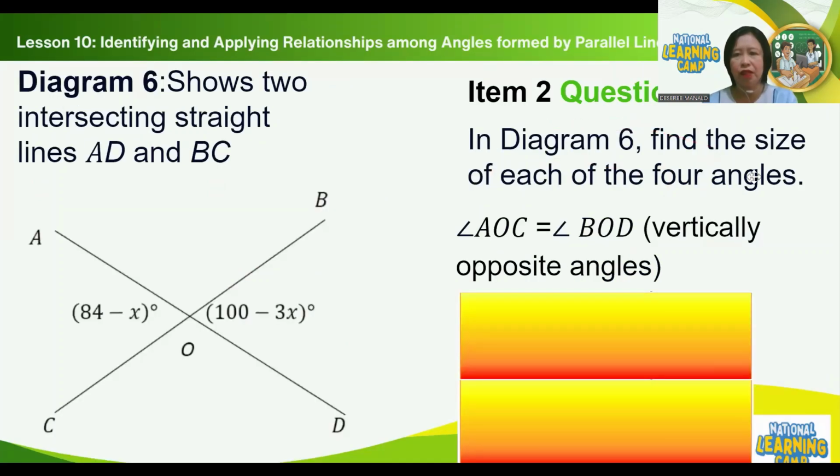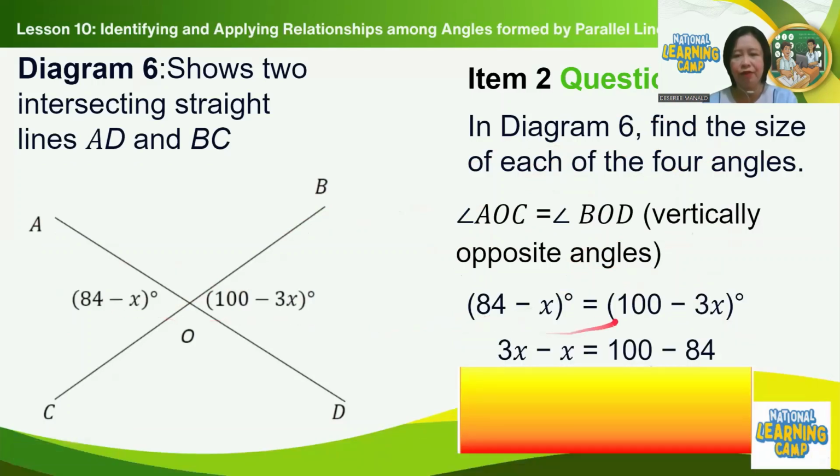Item 2, question number 3. In diagram 6, find the size of each of the four angles. Angle AOC is equivalent to angle BOD since they are vertically opposite. So we have 84 minus x degrees is equal to 100 minus 3x degrees.